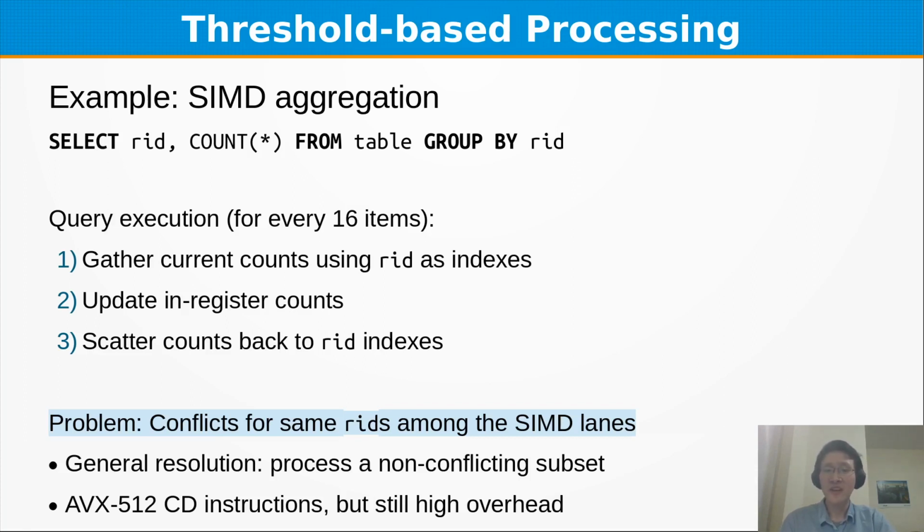A general way to resolve this kind of conflicts is to process a subset of distinct values and process the other repeated values in the next iteration. But the overhead of this is quite high, even if we use the AVX512 conflict detection instructions.